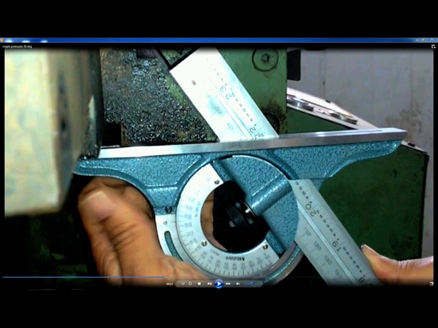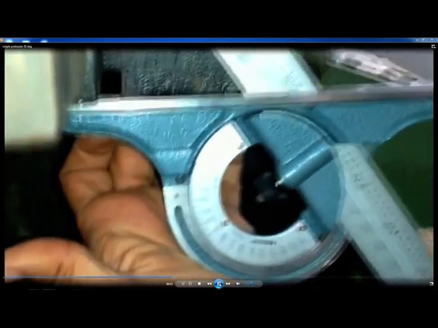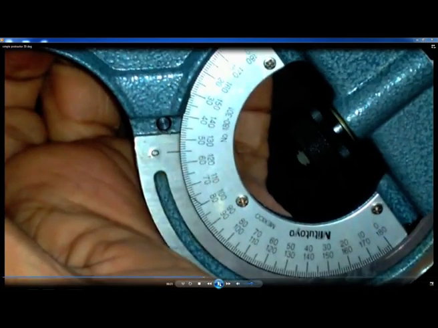The steel rule should intimately contact this particular surface, and the blade of the protractor should contact intimately with this particular surface, and then we can read the scale with reference to this particular reference mark. Now, you can see the reading. It is showing 0 degree, 10, 20, 30, 40, 50 and 55 degree.